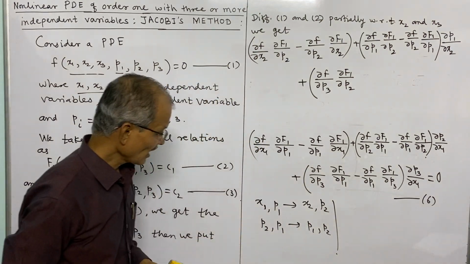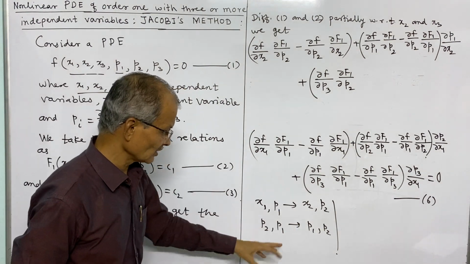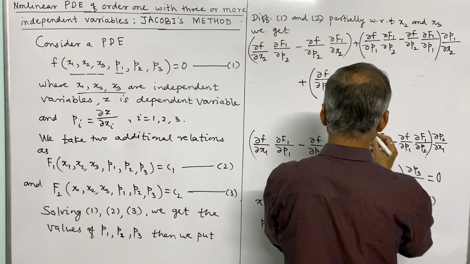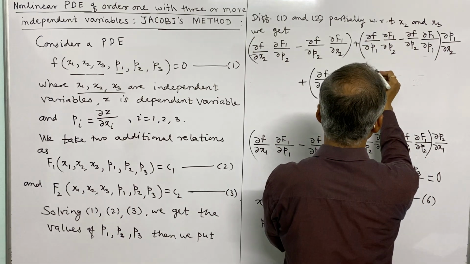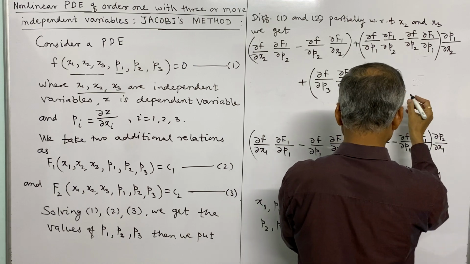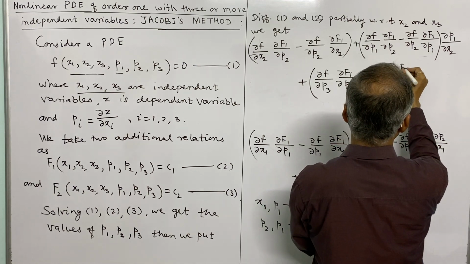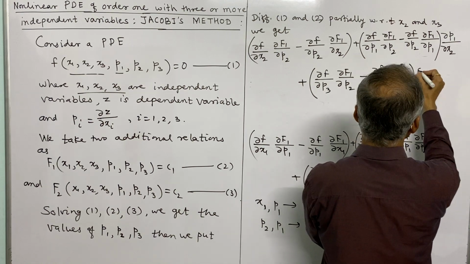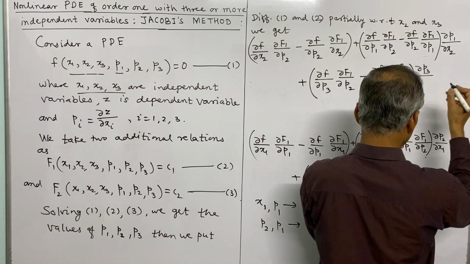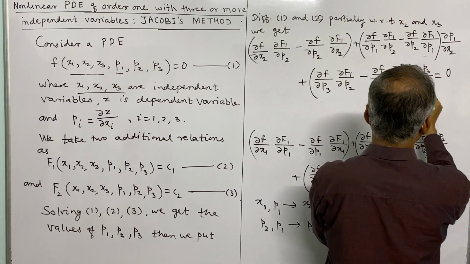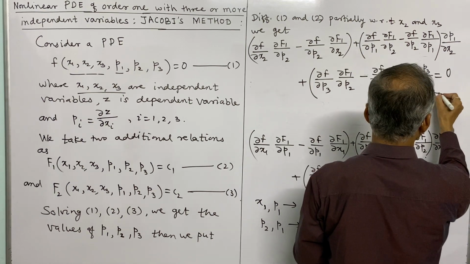So that is the change. And here p1, p2 are interchanged. So next is minus dou f by dou p2, dou capital F1 by dou p3 as it is, and this is dou p3 by dou x2 equal to 0, and this will be our equation number 7.